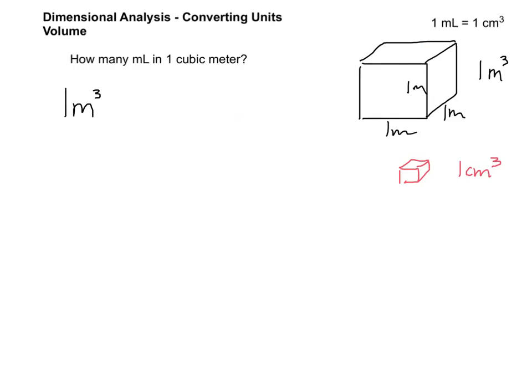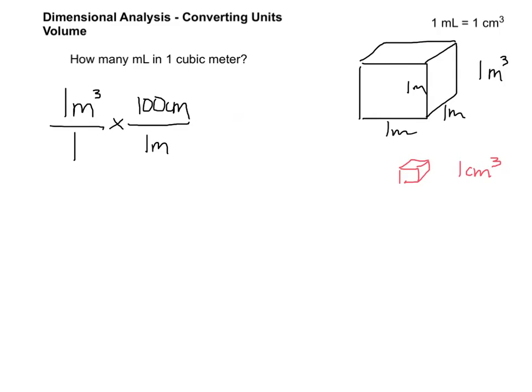That's 1 meter cubed over 1. Now I don't know how many centimeters cubed are in a meter cubed, but I do know that there are 100 centimeters in 1 meter. So what I'm going to do here is enter that fact, 1 meter is equivalent to 100 centimeters, first.